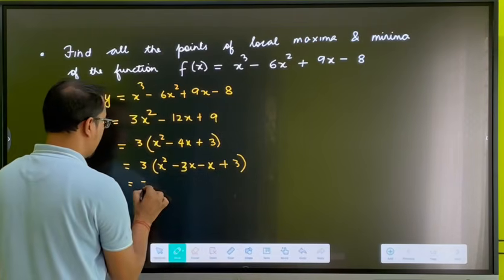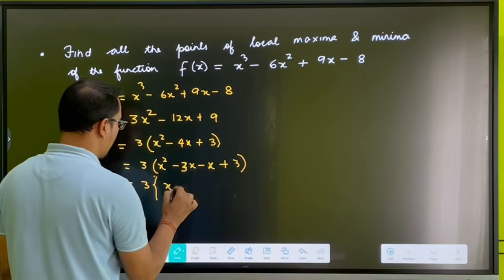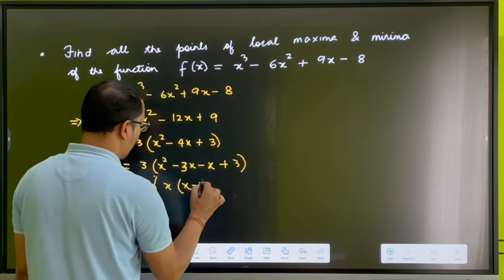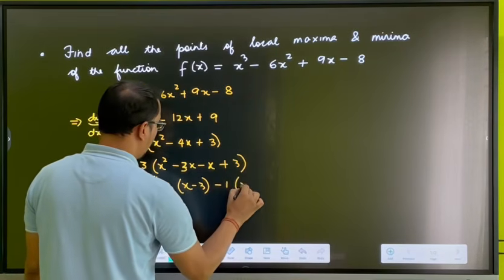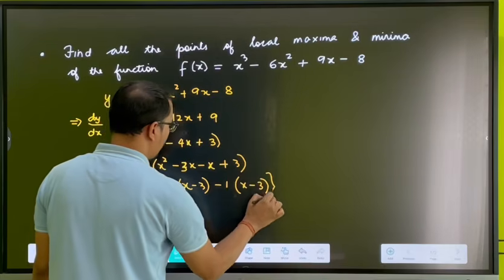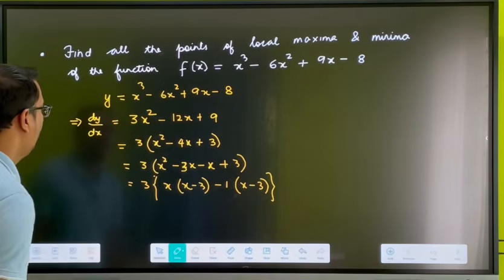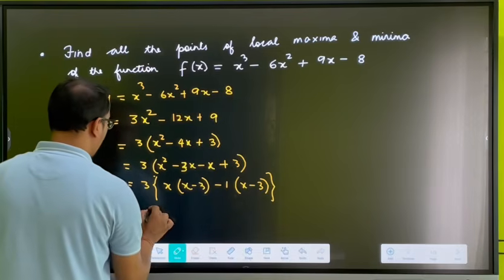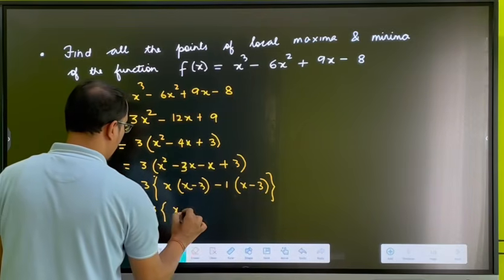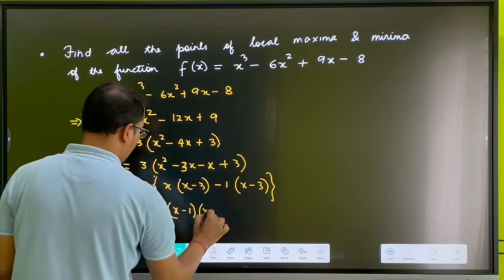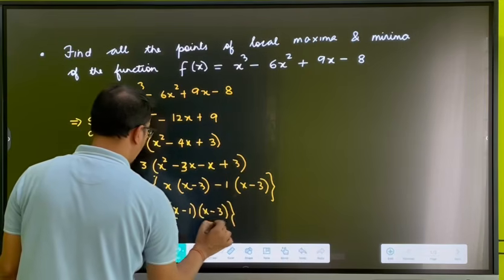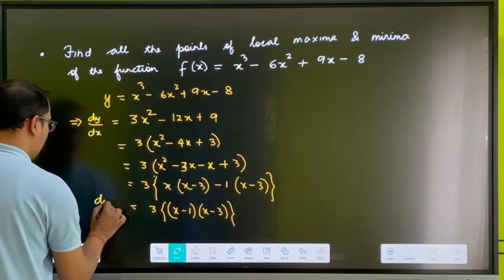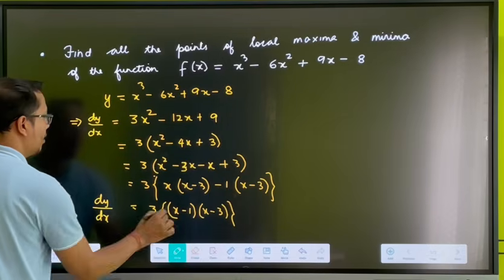We take x common, it will be x minus 3, and again minus 1 common, x minus 3. So this will be 3(x minus 1)(x minus 3). So we have got dy by dx equal to this much.